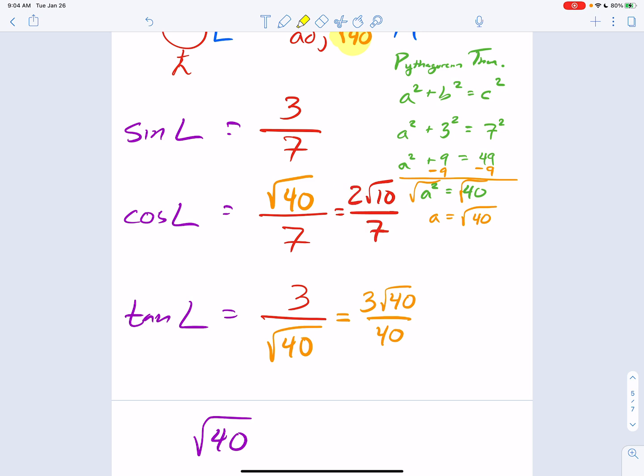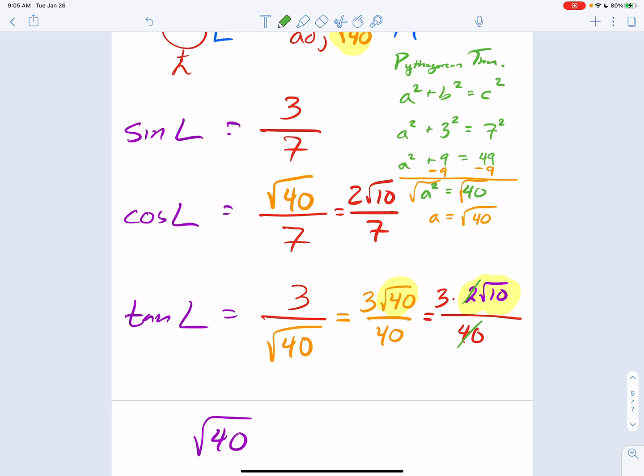All right? Let's do the same thing here. This is going to be 3 times something over 40. The square root of 40 is the same thing as 2 radical 10. The 2 and the 40 can reduce.